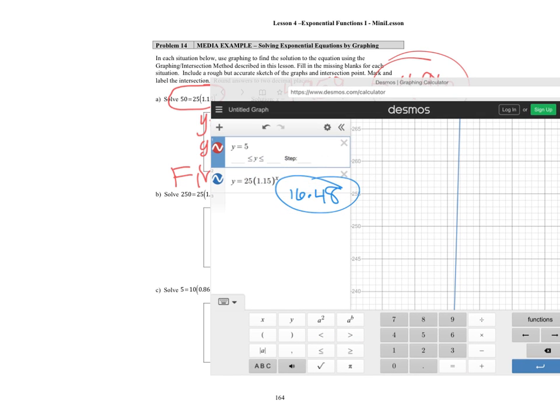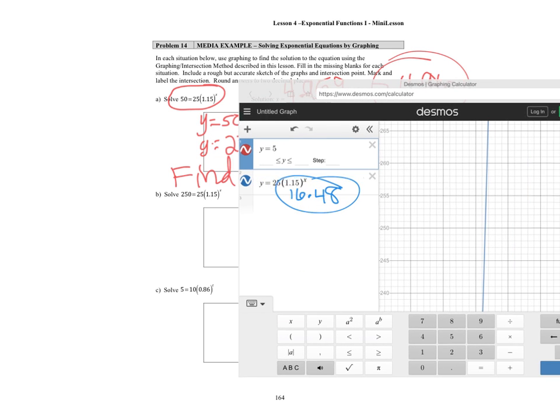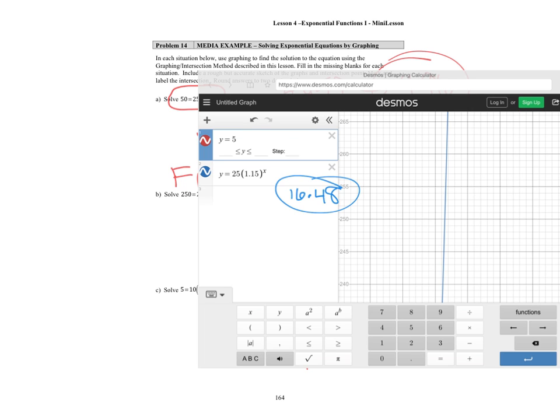I was trying not to erase all that stuff, but it might have been easier if I had. 0.86, and on the outside I need 10. Desmos is not as easy to use on an iPad, in my opinion. Okay, there we go. That's what I needed.